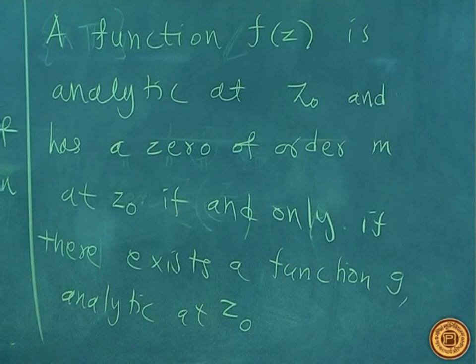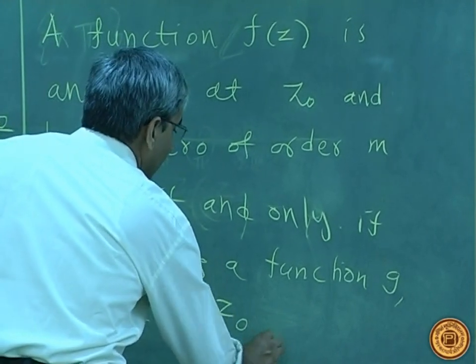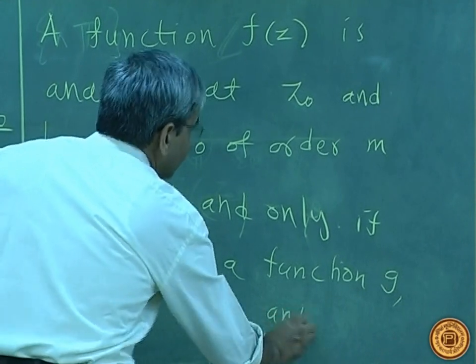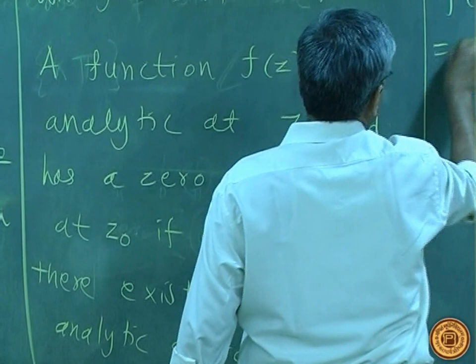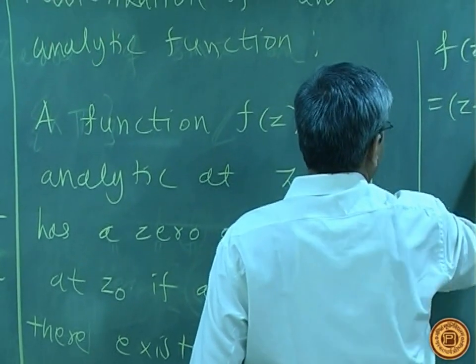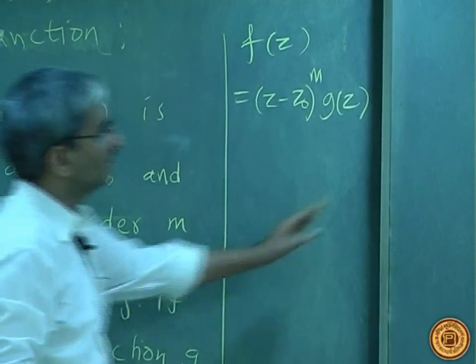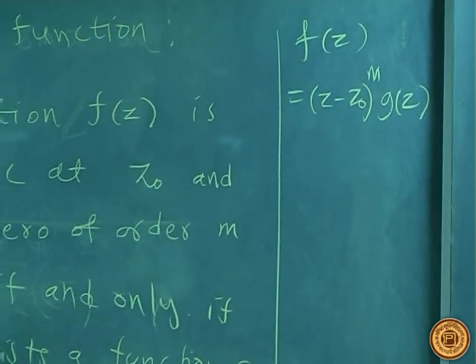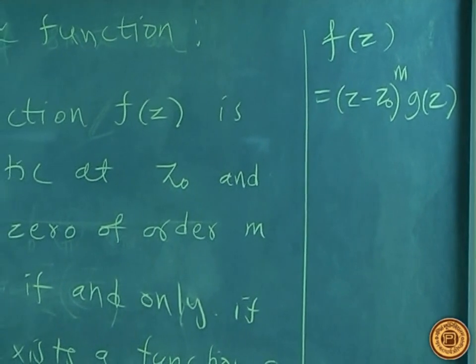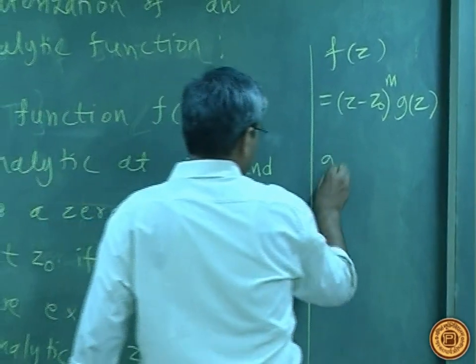Okay. So f(z) is (z minus z naught) to the power m into g(z), where g(z naught) is not equal to 0 because of order m.